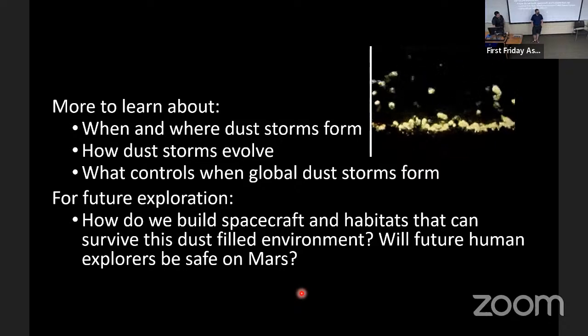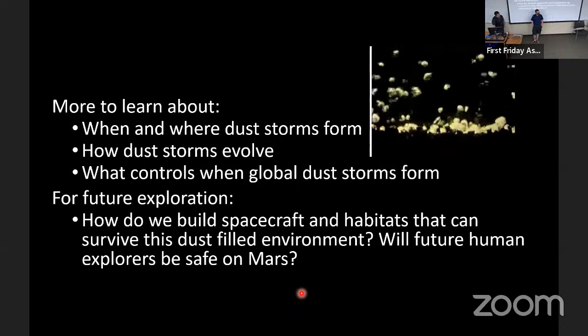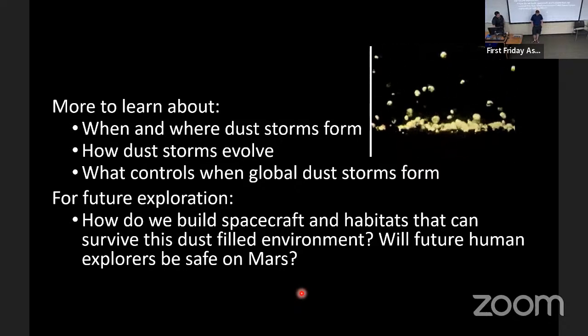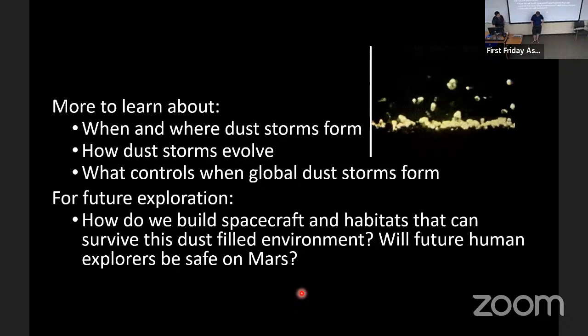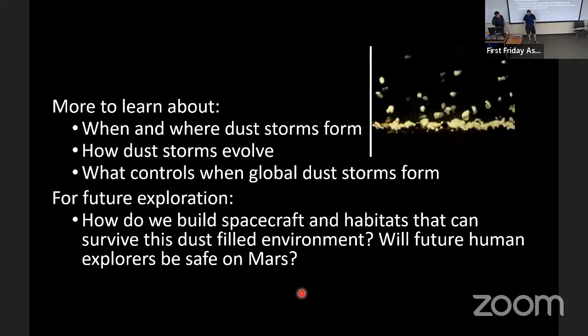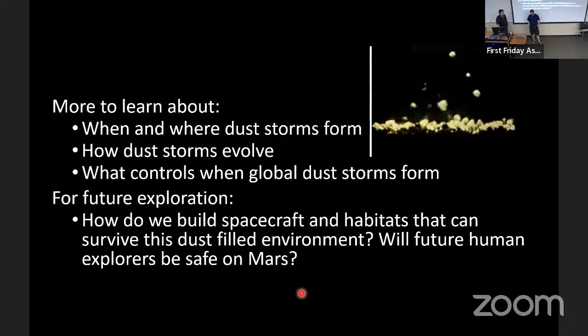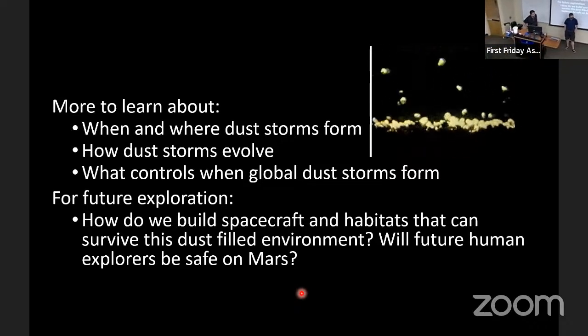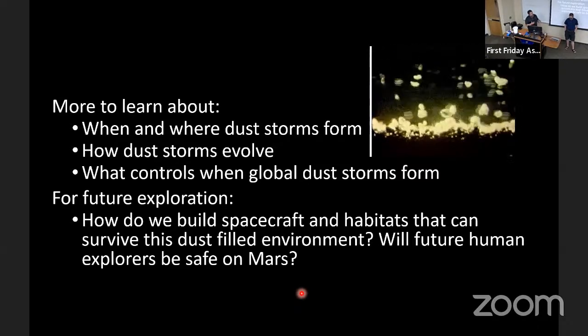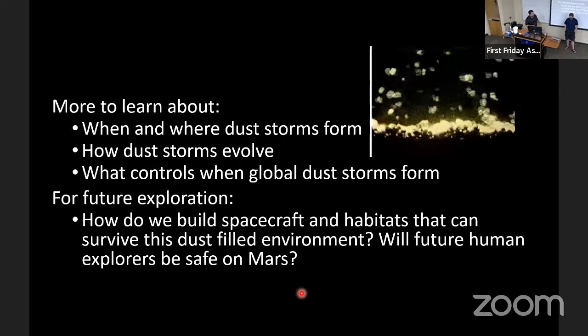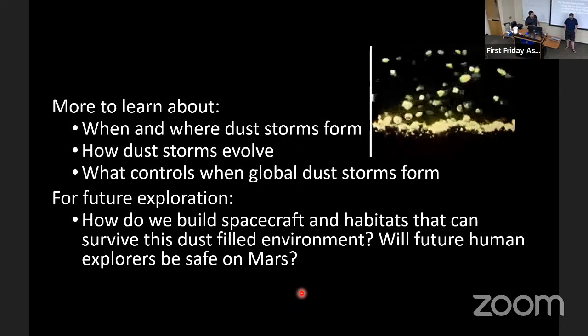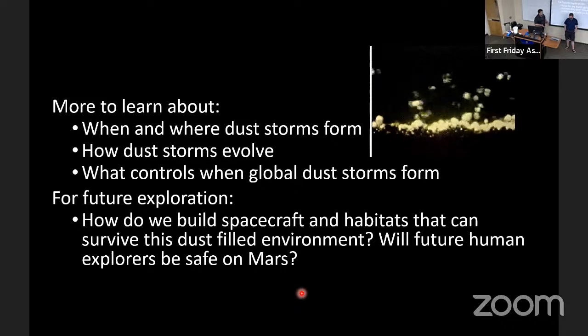Have we definitely ruled out the trigger mechanisms for large dust storms in the Sahara and the Gobi? Can we say that's not what causes them on Mars? The question is, we know how dust storms form in the Sahara and the Mojave and other places. Can we rule out that it's different on Mars or not?